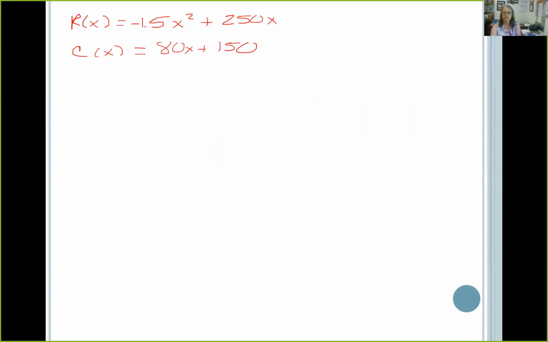The profit, which is the amount of money that goes into my bank account, is the revenue minus the cost. So this is how much I actually make. So that's going to be negative 1.5 times x squared plus 250x minus (80x plus 150).